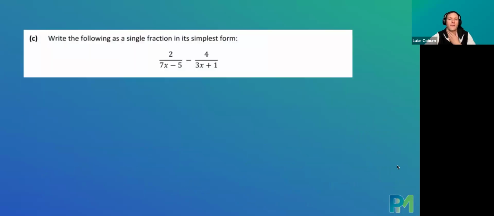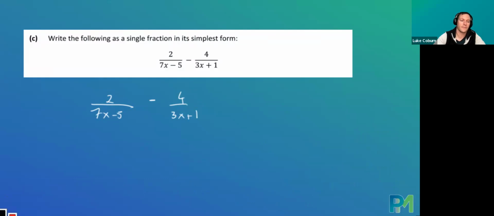And just very quickly, the very last one. So we have, rewriting 7x minus 5 minus 4 times 3x plus 1. Now I'm going to take, by the way, using multicolored pens, some people I kind of need colors.